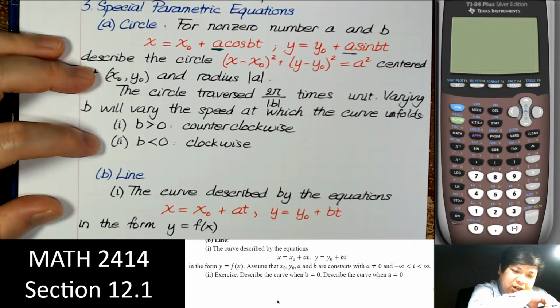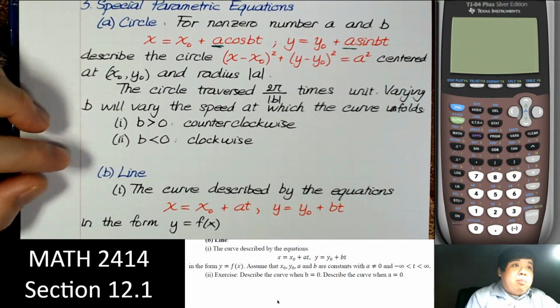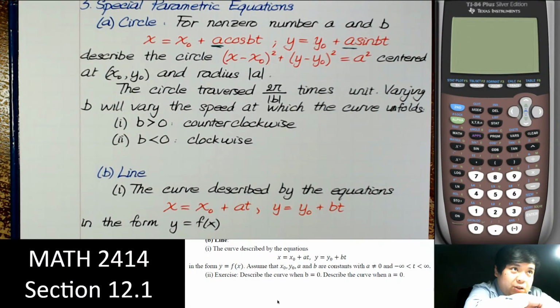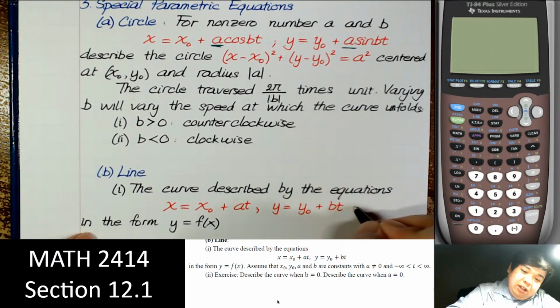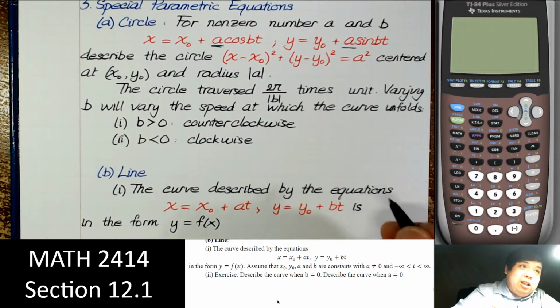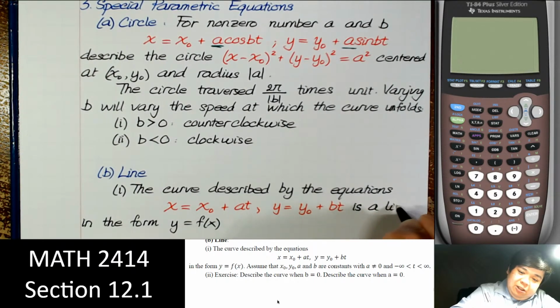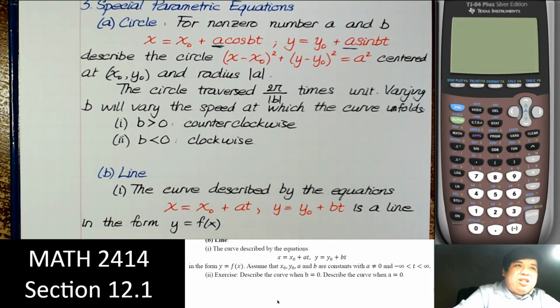By the way, this sentence makes no sense at all. Maybe I mistyped that. So the curve described by the equation is a line. It makes a little more sense than that.